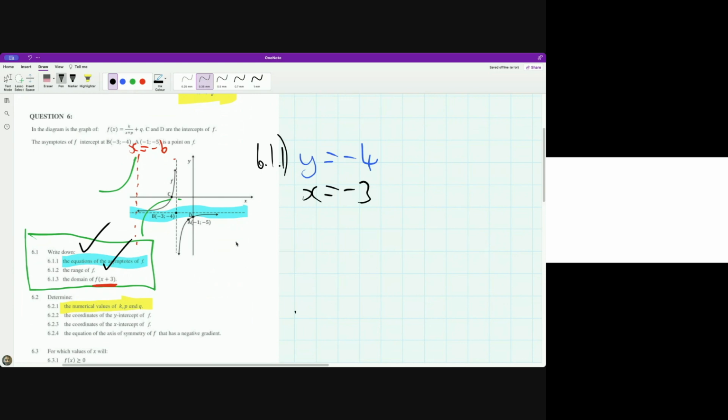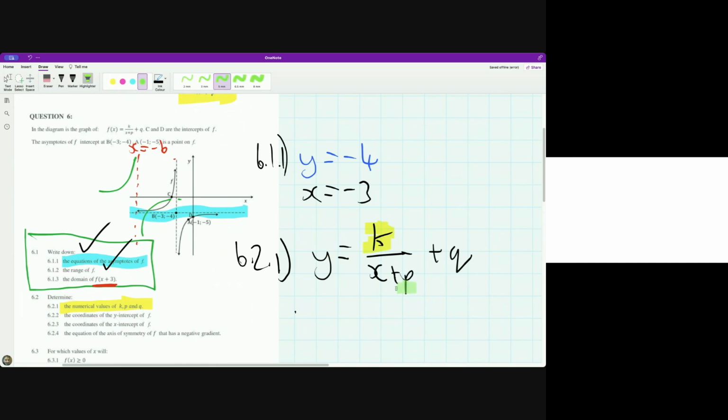So if we have y is equal to k over x plus p plus q, they are basically saying, what is this? What is this? What is that?